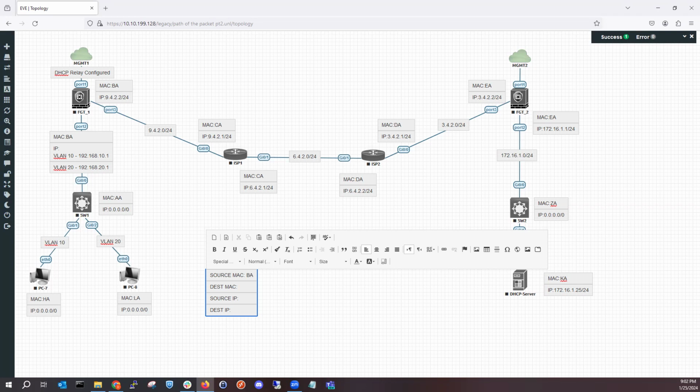What's the destination MAC address? Destination MAC address would be AA?